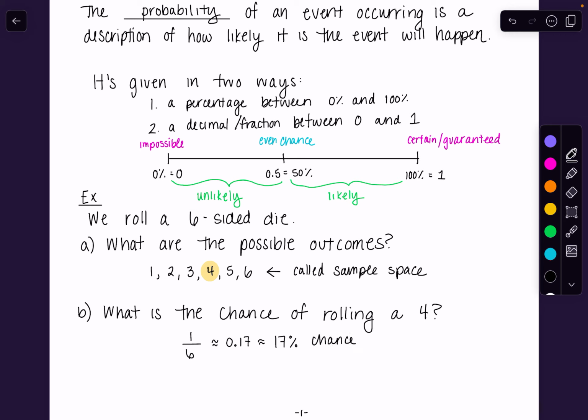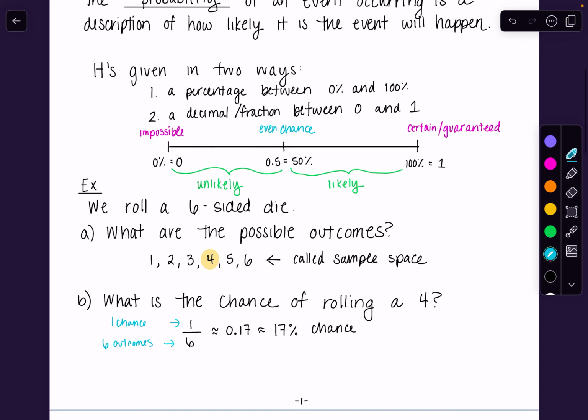So this is that theoretical probability. It is just the chance that I have, because there is one chance out of 6 outcomes that this event occurs.